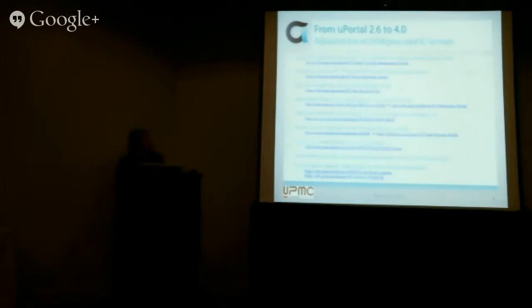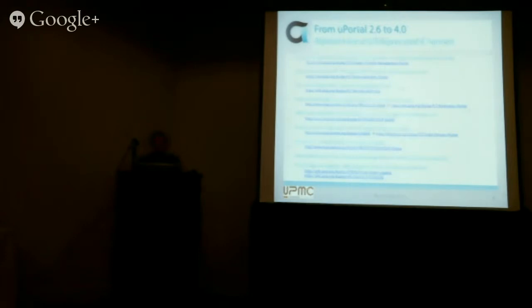So the big work we have done in order to migrate from 2.6 to 4.0: uPortal 4 doesn't support iChannel, so we had to replace all the iChannels we used on the old portal of UPMC.